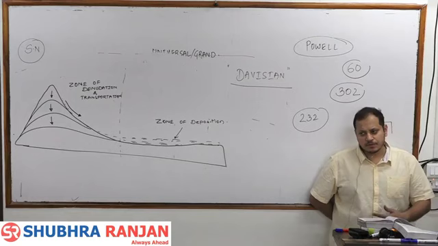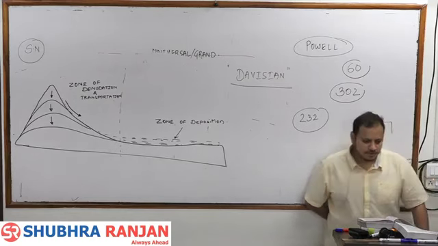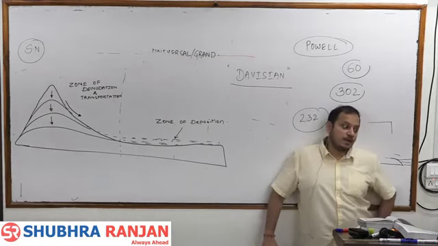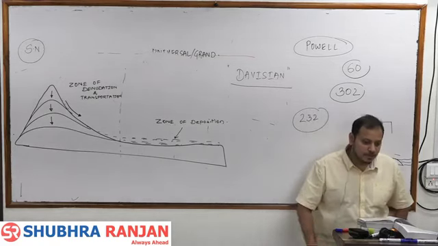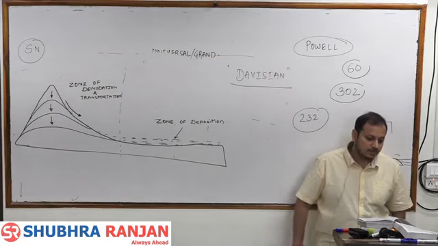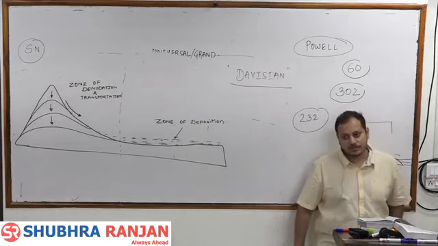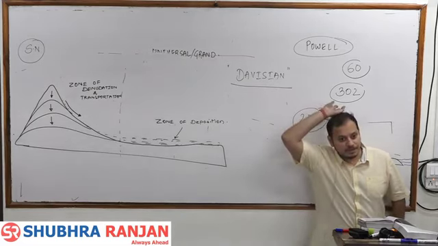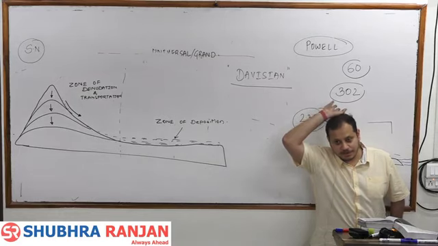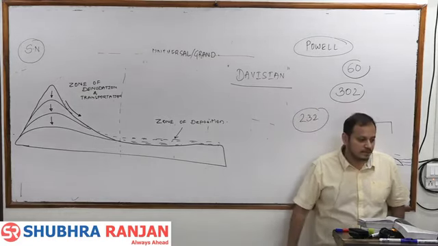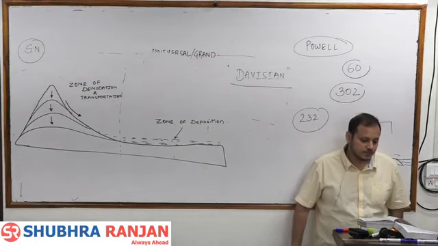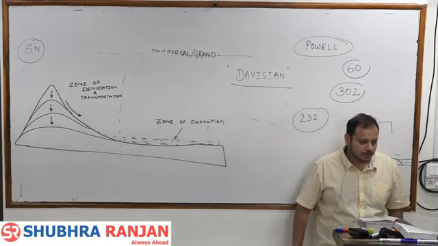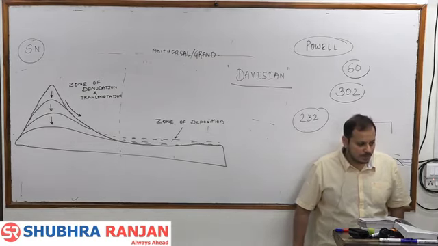Because climate includes everything, vegetation, everything is determined by the climatic factors, which includes both present as well as past climatic conditions. Remember, the present is the key to the past, not just today's climate. What the climate was 1 lakh years ago will also determine the present and past climatic conditions. And last, time.